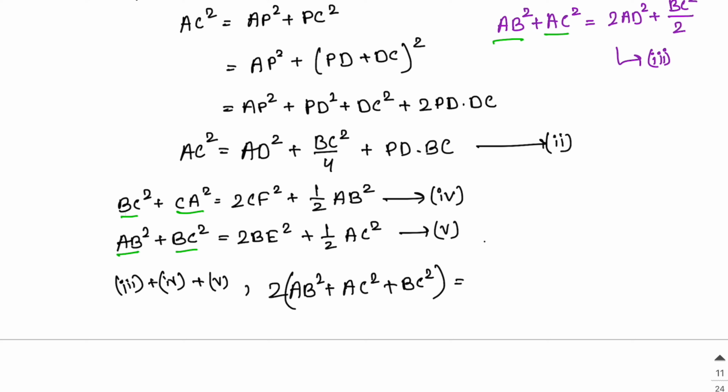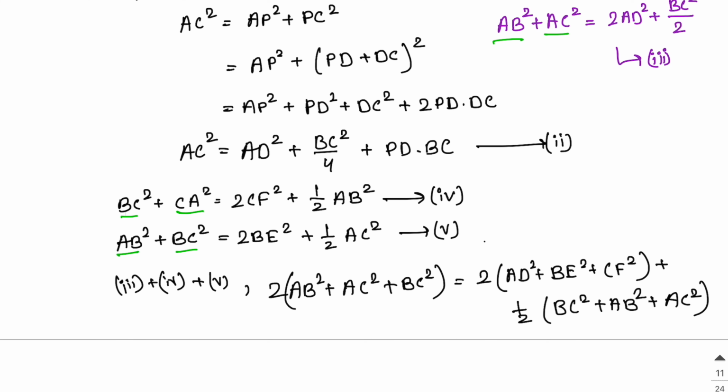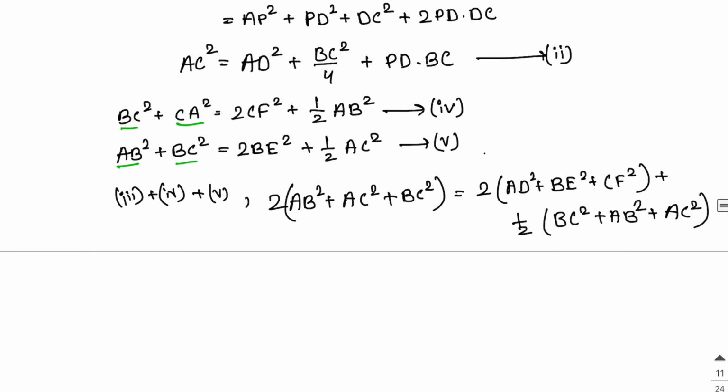In the right hand side you have 2 common, so AD square plus BE square plus CF square, and next one half common, BC square plus AB square plus AC square. Okay, so now you can write down as this one 2 into this one. As these two portions are similar, AB square plus AC square plus BC square, here also AB square plus BC square plus AC square.